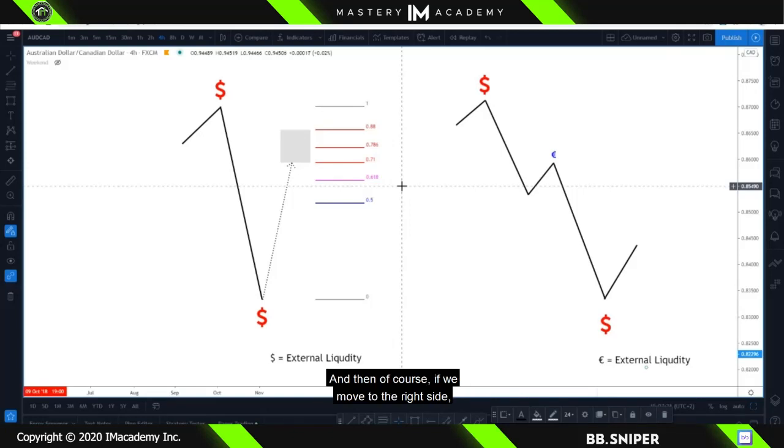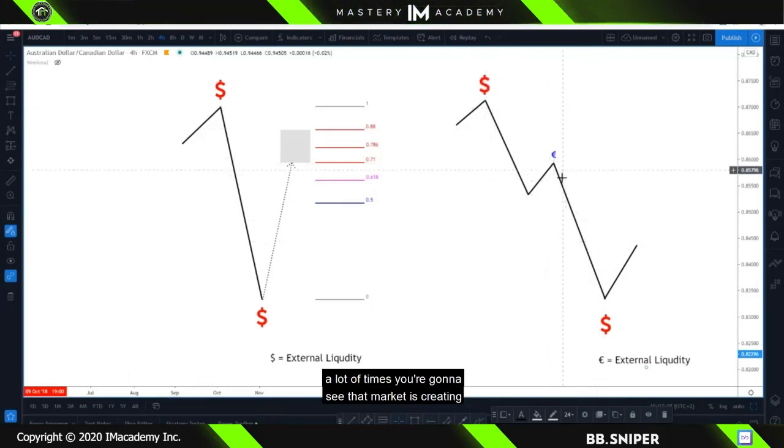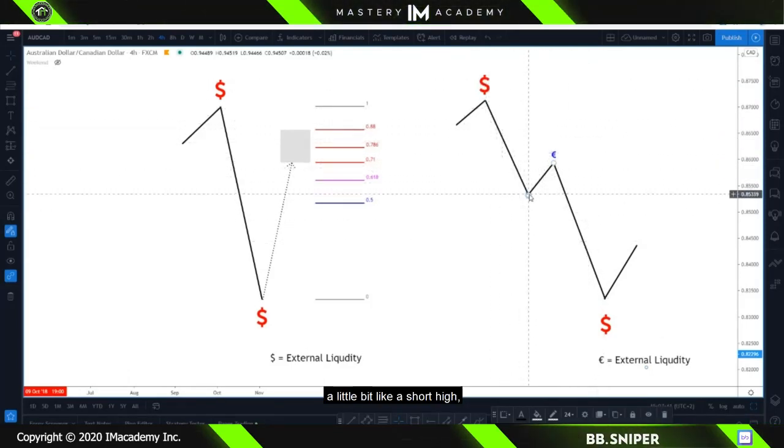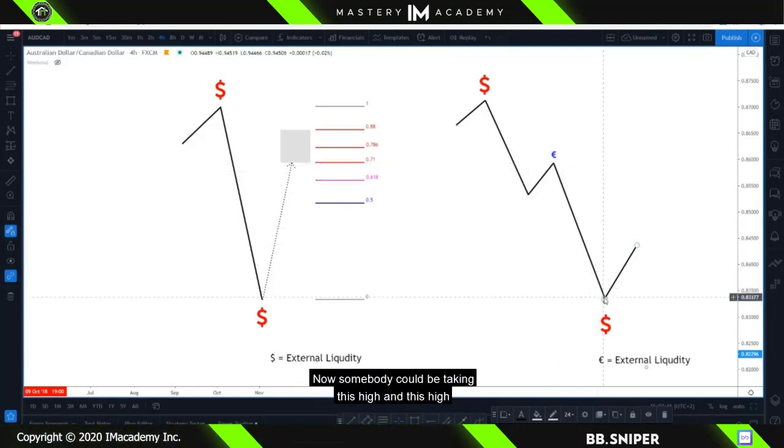And then of course, if we move to the right side, we have something really similar. Now we do have small ranges inside of one big range. That's why I draw something like this, because what the market is actually doing, a lot of times you're going to see that the market is creating a little short high and then giving us a new impulsive range to the downside.